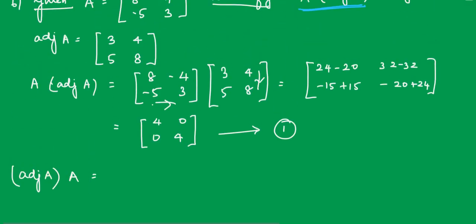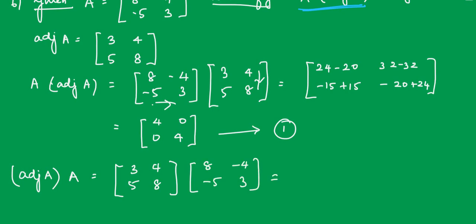Next we are going to find what is adjoint of A into A. Adjoint of A we have found already. Adjoint of A is equal to [3, 4; 5, 8] into the A matrix, [8, minus 4; minus 5, 3]. Multiply first row, first column: this is 24 minus 20.